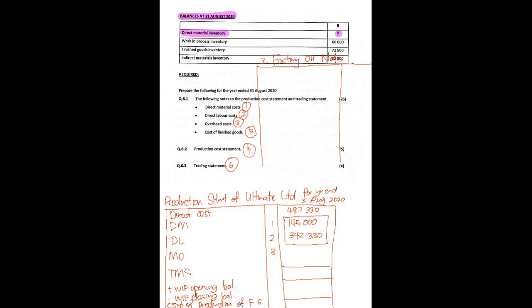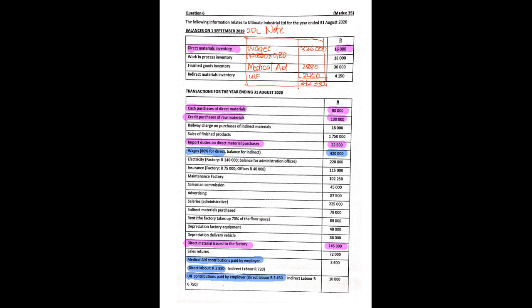And then you're looking at anything that is incurred in the factory but is not direct in nature. So any cost that is incurred within the factory space, but it's not direct material and it's not direct labor. So you obviously then need to sift through your figures and identify what that would be.